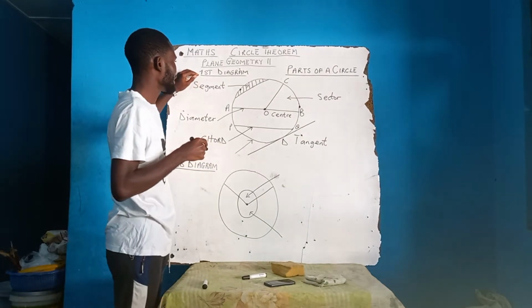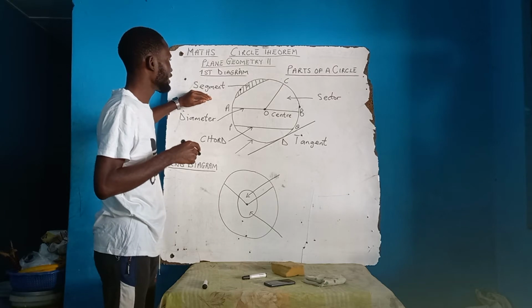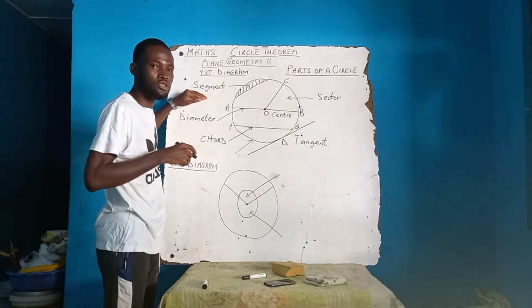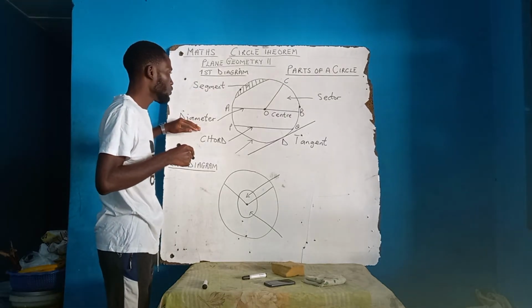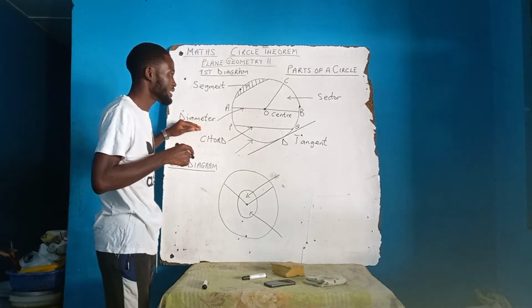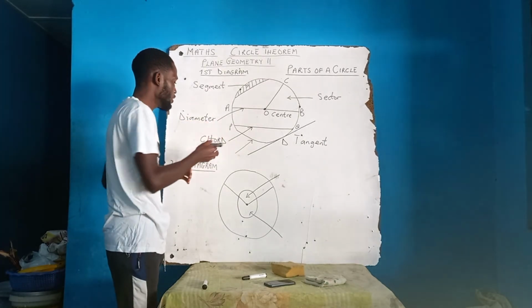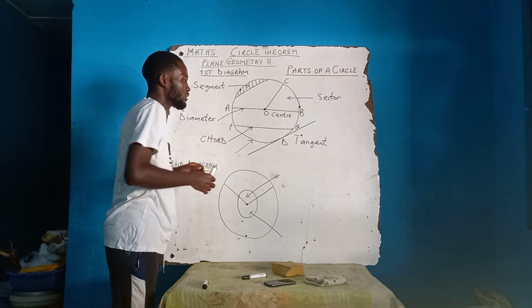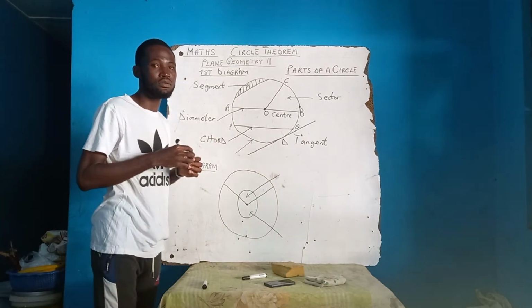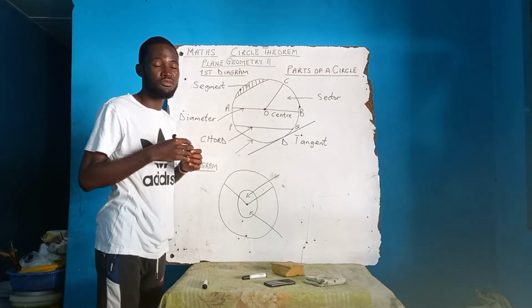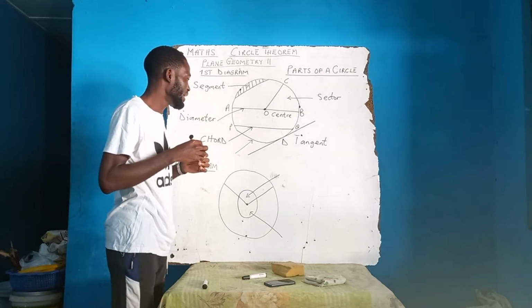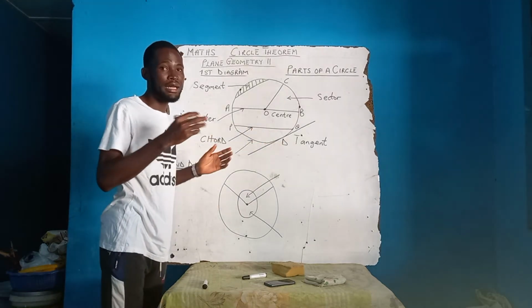So taking illustrations of the first diagram, we've come to know what a segment is as illustrated on the board. We also know our usual diameter, which divides the circle into two equal halves. We have our chord, which encloses some parts of the circle. It could be any part of the circle as far as it is bounded by a line and an arc.